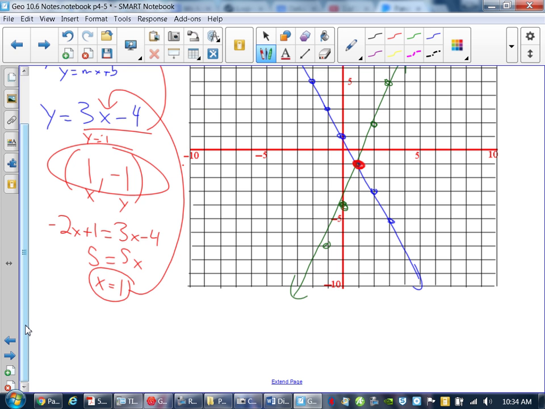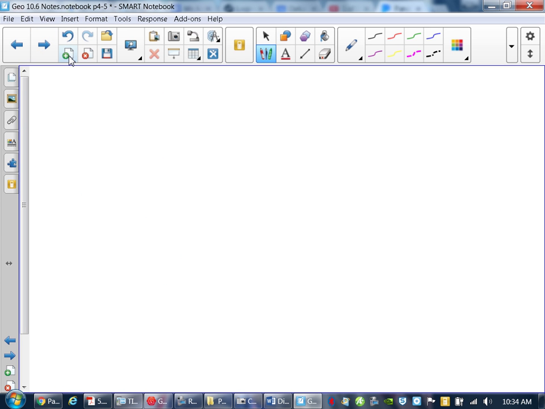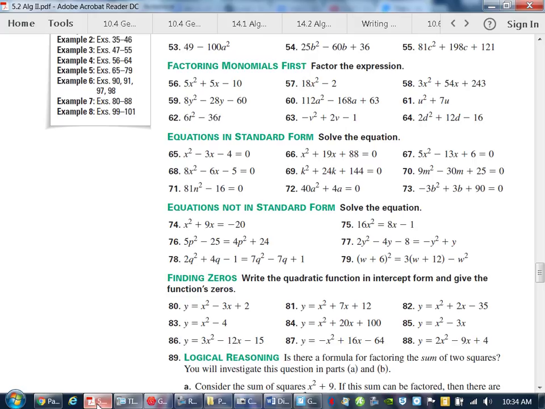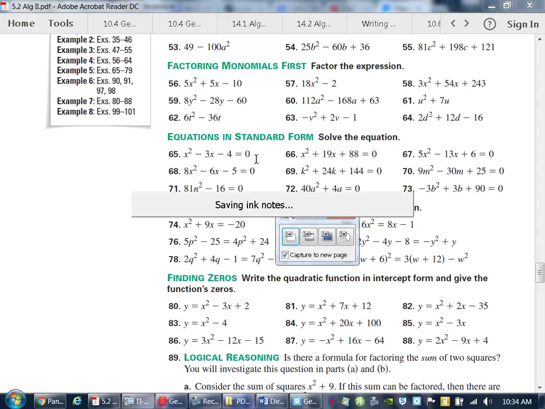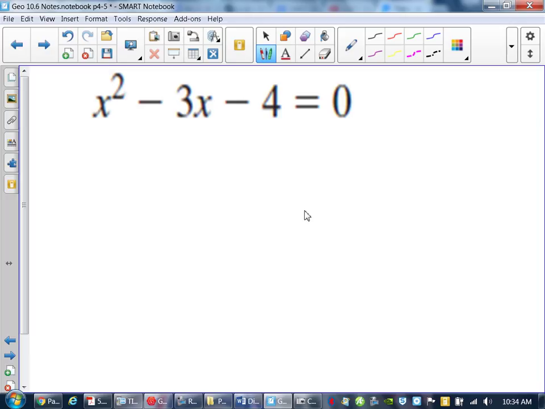So what I want to kind of do here is show you guys what happens when you start factoring. I'm going to do a couple really easy ones, and then build into some of the trickier ones like you saw, where you had leading term coefficients that weren't equal to 1. But I want to do a why does this work, and what does this mean to factor and find a 0?